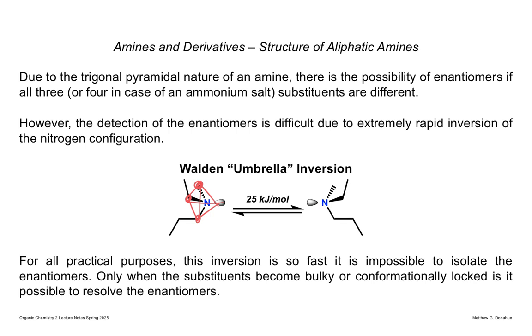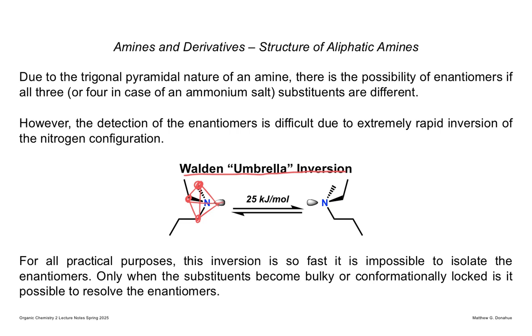But the issue is that the lone pair sort of inverts from one side of the pyramid to the other. And this is called a Walden inversion. It's like when it's raining and it's windy and you have your umbrella, and the umbrella is this way, having the rain run off and not collect.